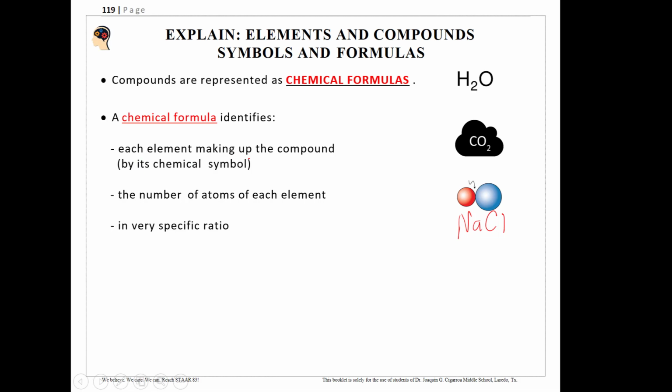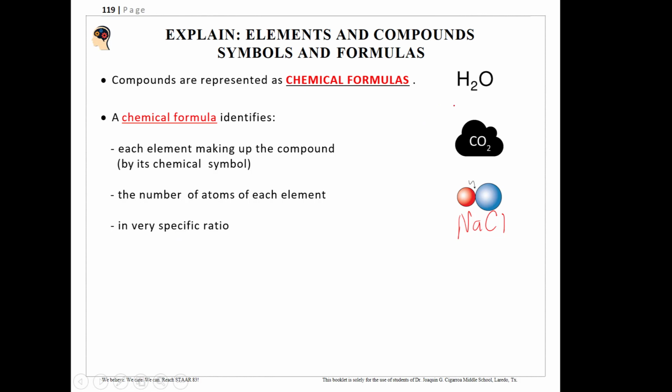And you know which element because of their chemical symbols. You go to the periodic table to check what elements are making up that compound. And then it also identifies the number of atoms of each element, meaning how many atoms make up that element in the compound. And these are in a very specific ratio.